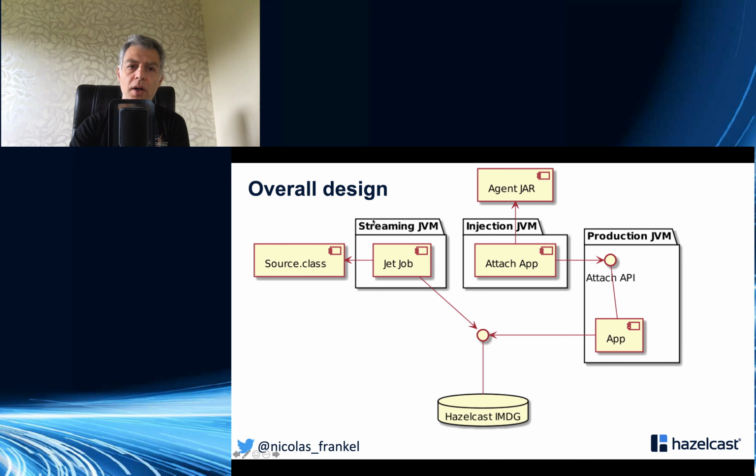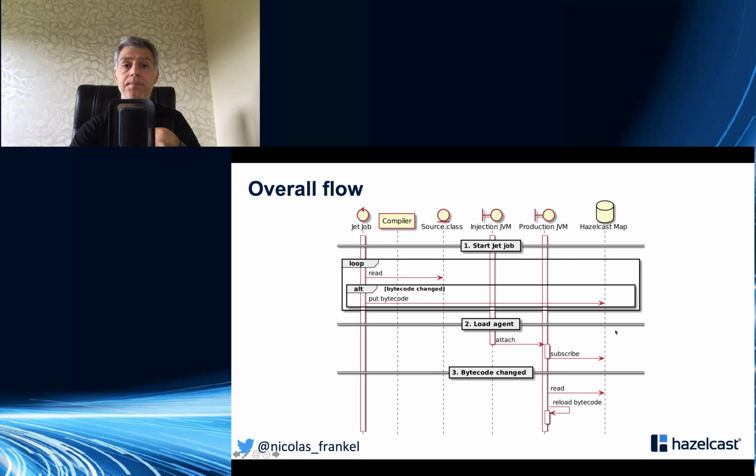On the other side, we will have this streaming JVM, which can be on a completely different machine, that will read the file system of the developer, of the CI, or whatever. It can read changes from a folder and read new classes, and deliver them to Hazelcast IMDG. So every time there is a change, this app, which now has enhanced capabilities, will listen to the change and will redefine the classes inside.